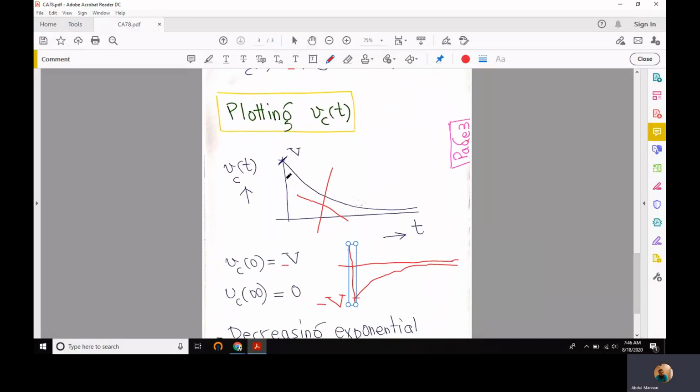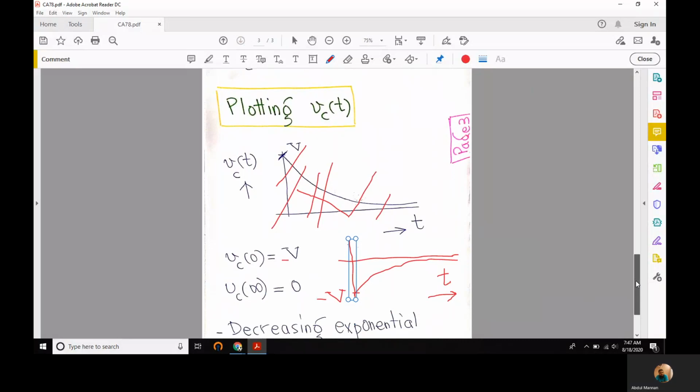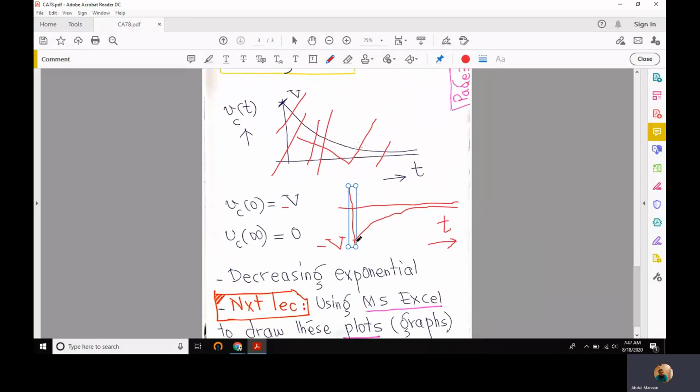So initially it is minus V. This is a wrong plot. In fact, this is the plot. This is minus V as the time is 0, and then it starts increasing unless it becomes almost 0, and then it is exactly equal to 0 as time is infinity. So this is the right plot for V sub C of t.